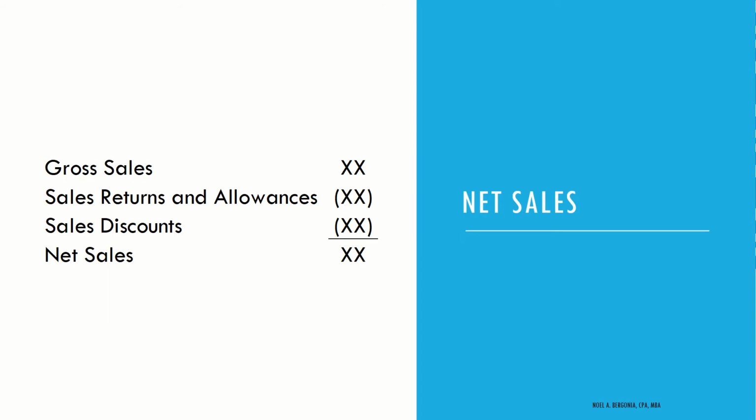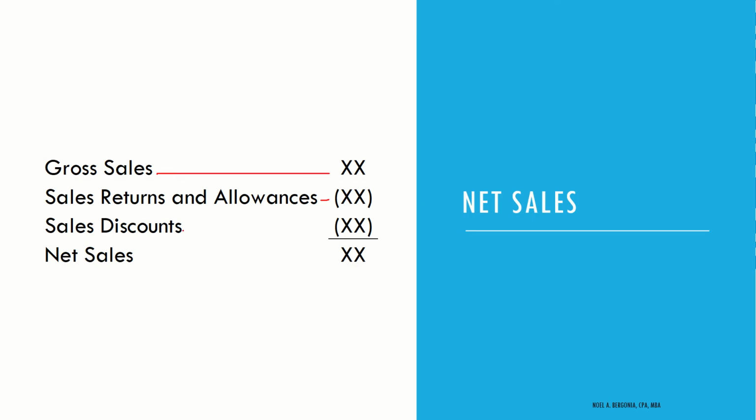So just to summarize, before we proceed with another topic, we have discussed the gross sales, diba, which is coming from the invoice price. And then we have the sales returns and allowances if customers have returned the merchandise because either it is defective or damaged o kaya naman inferior in quality or does not fit its use.